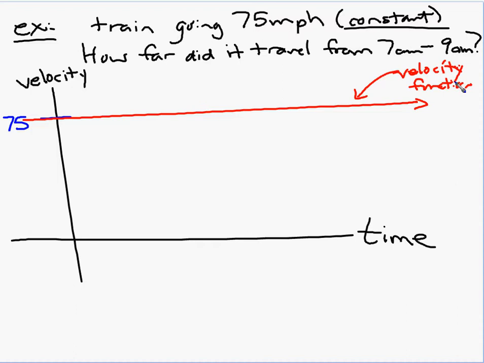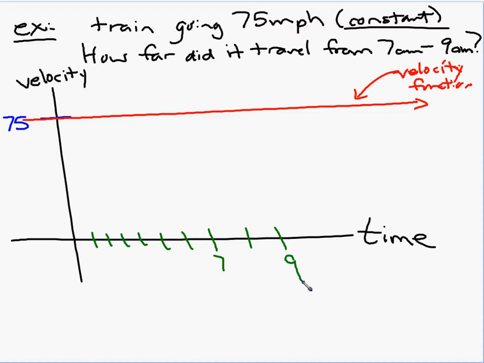But how far did this train go from 7 a.m. to 9 a.m.? Now, I think we all know how to answer this question without the graph. Isn't it 2 times 75?